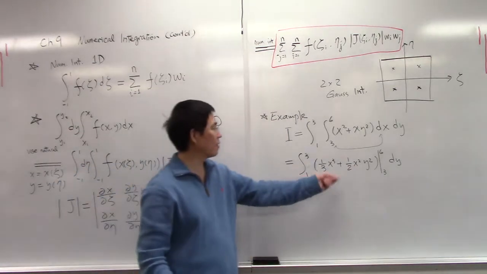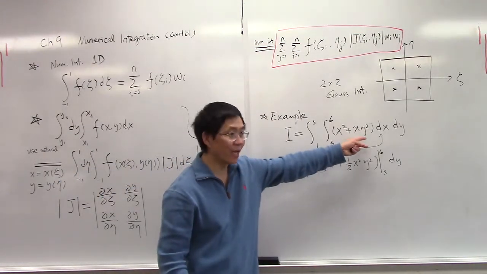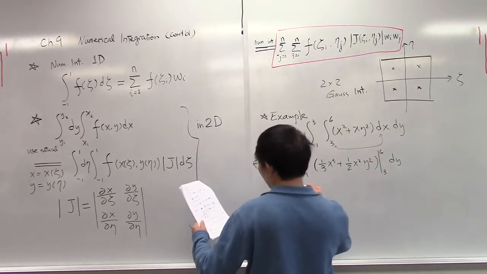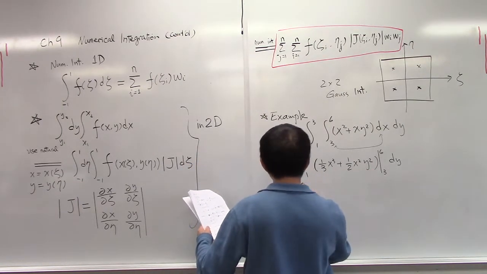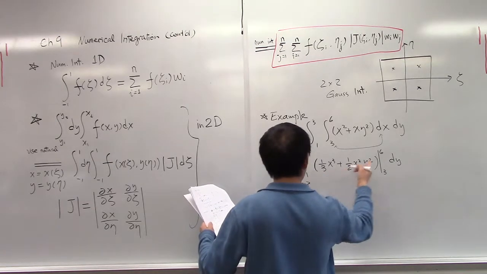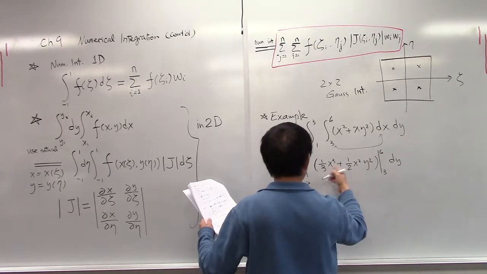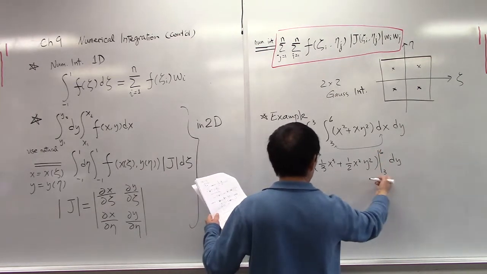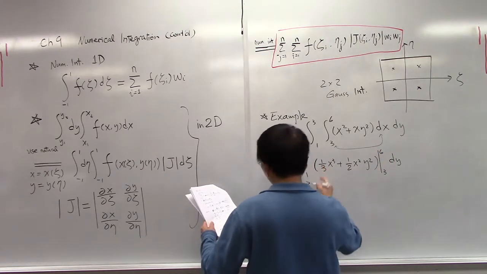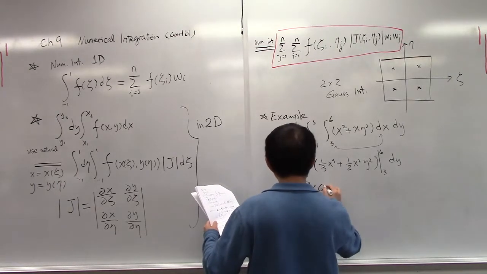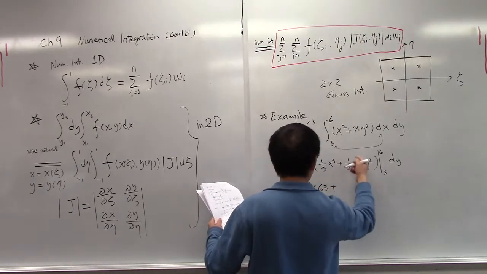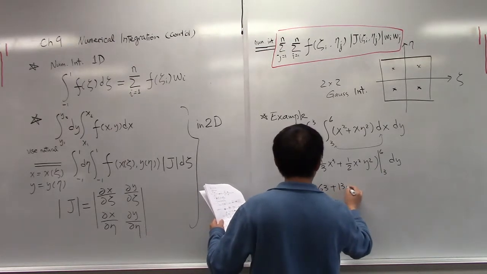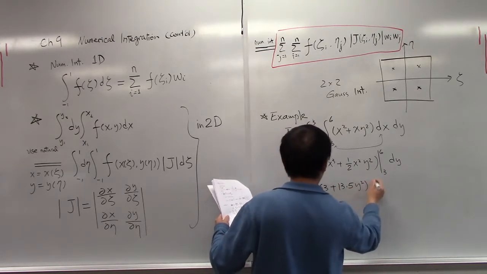So the first step, you finish the integration with respect to x. Then with y from 1 to 3, x is 6 cubed minus 3 cubed, divided by 3, that gives us 63. And putting in these two limits for the second term gives 13.5 y squared, and then dy.